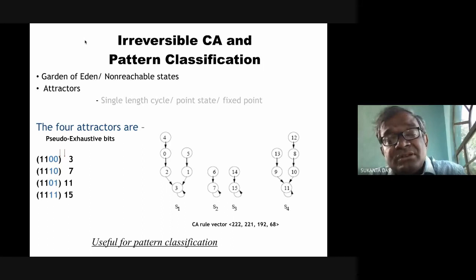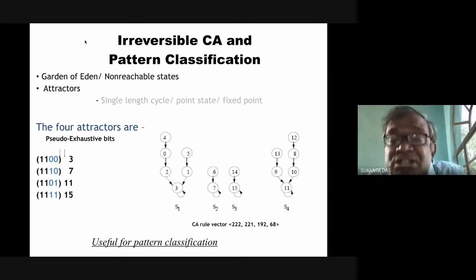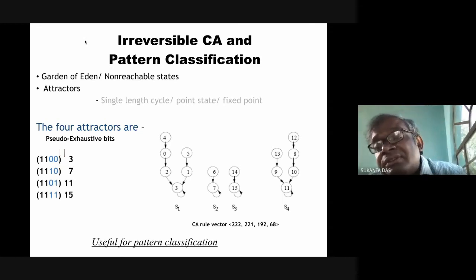Now I say that class 1 is represented by 3 and 7, whereas class 2 is represented by 15 and 11. Why do I say so? Because 3 and 7 are attractors, and 15 and 11 are also attractors.